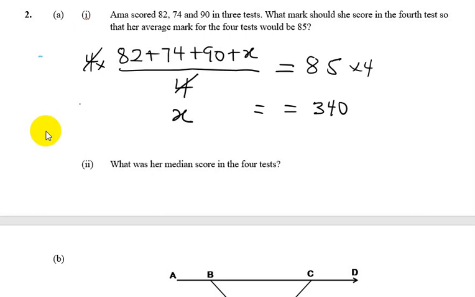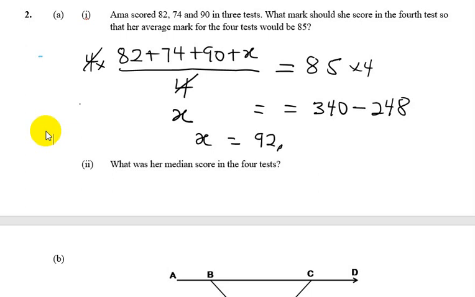But all these numbers would have to move to the other side of the equal to sign. And when you add everything, we are getting 248. So minus 248. So we are getting x being equal to 340 minus 248, and that is giving us 92.